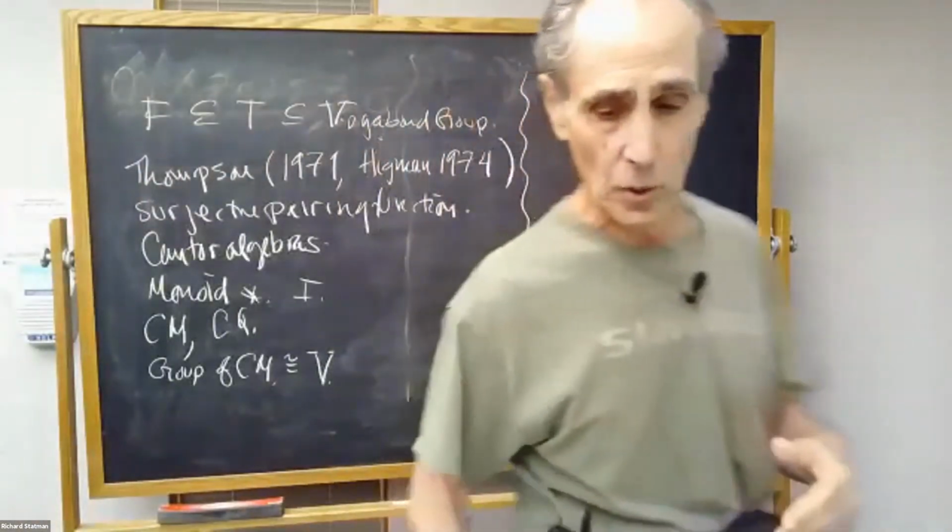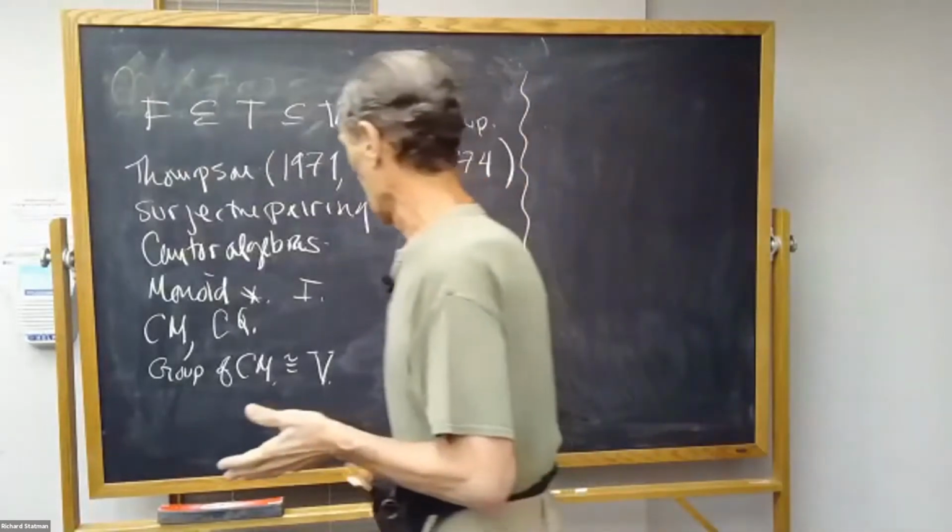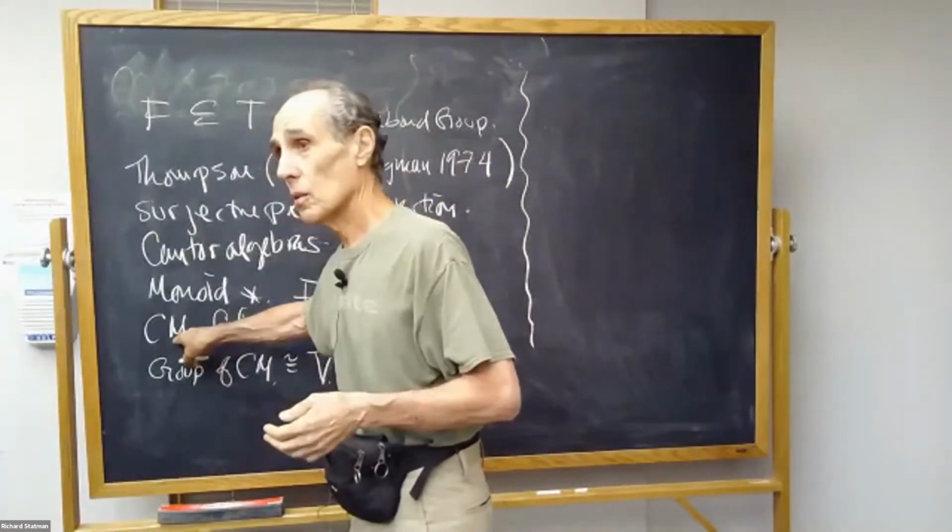And of course, what it is doing is acting by left multiplication on the monoid.